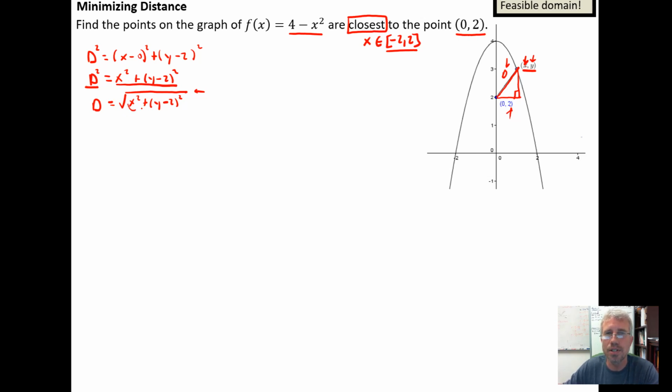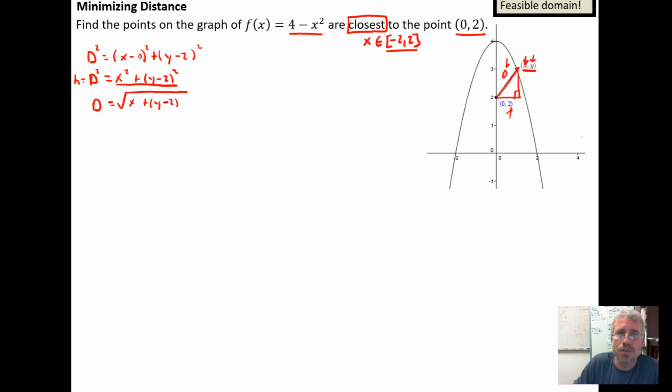Minimizing the stuff on the inside of the square root minimizes D. So I'm not going to worry about minimizing D. Let's minimize D squared, which minimizes D as well. Make D squared as small as you can, then the square root of D squared will be as small as it can be. So let's give D squared a name.